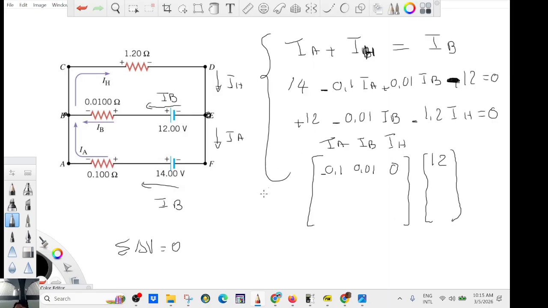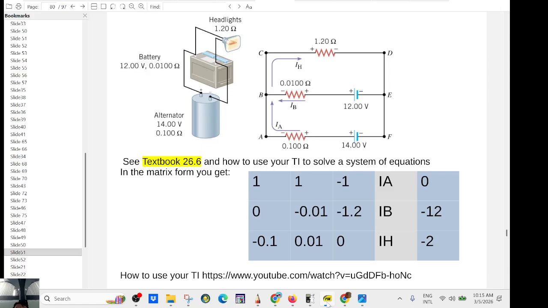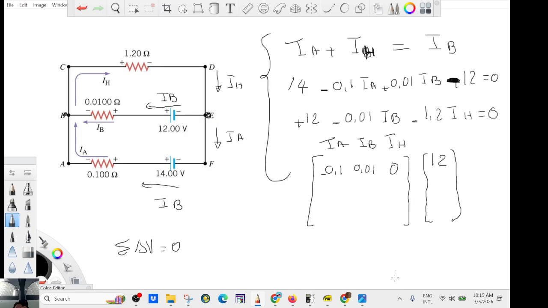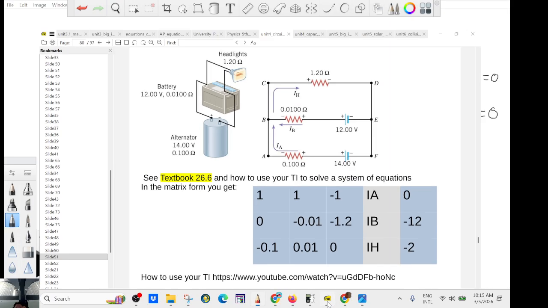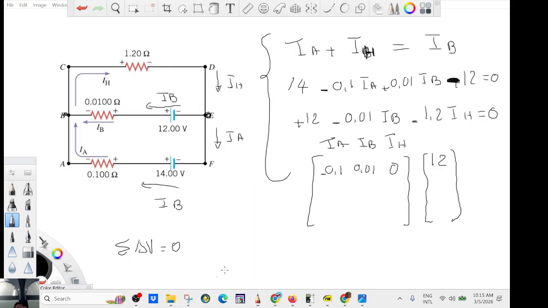So it should be part of the same matrix, right? See, I forgot my linear algebra. But you know how to do it, right?